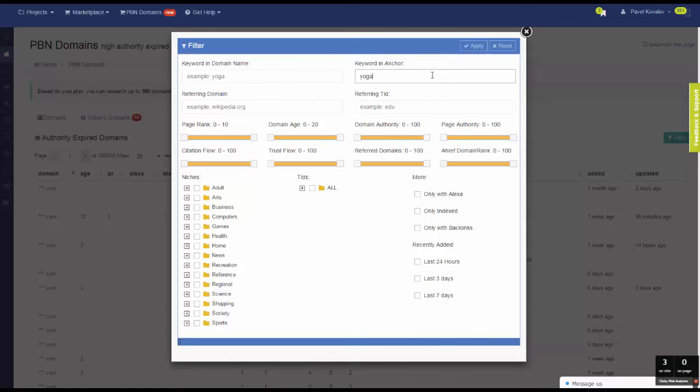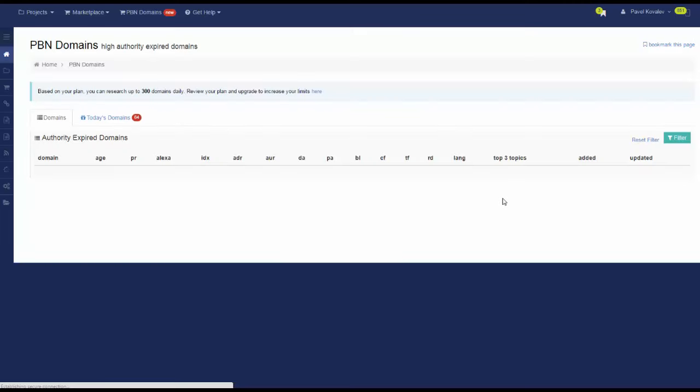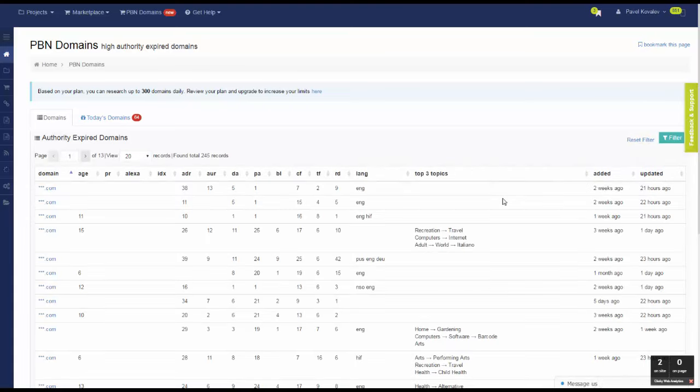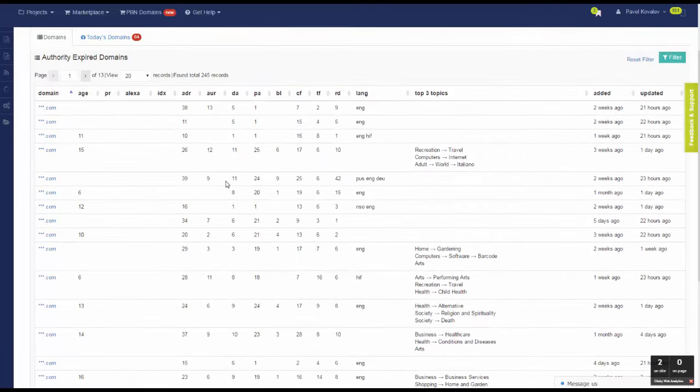It's nice if you have an option to filter by health or, I don't know, sports, or whatever yoga would fit. But if you've done it before, you know there will be hundreds and hundreds of sites you have to go through and check if they are good or not, if the criteria is that broad. What if you use the keywords in anchors? Let's say there are only 245 sites that have the keyword yoga in the anchor profile.